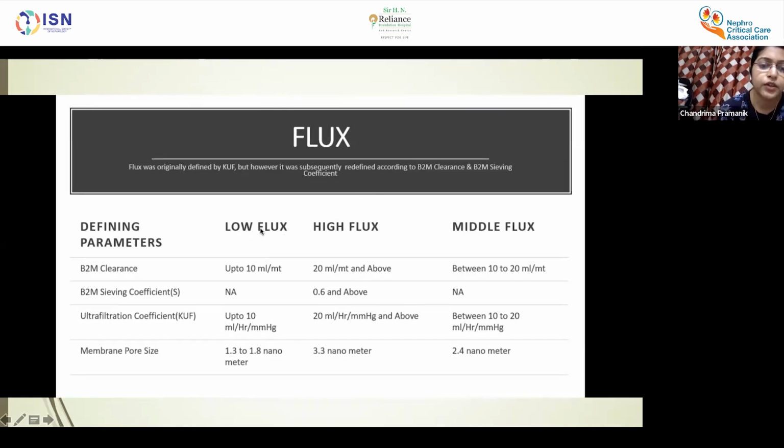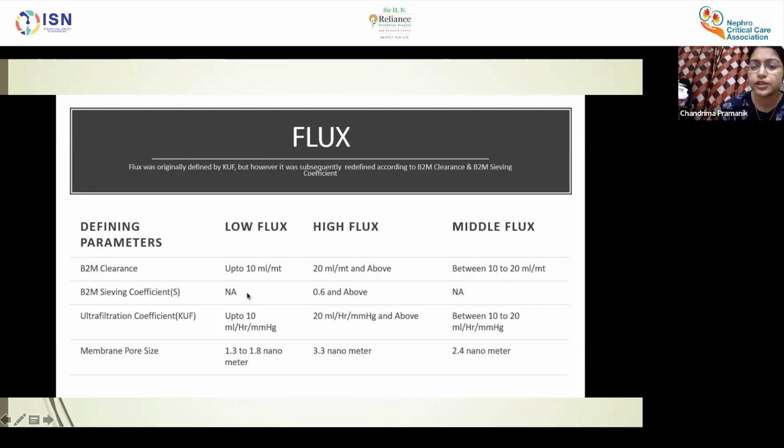So if we consider the low flux dialyzers, here the beta-2 microglobulin clearance is up to 10 milliliter per minute. Whereas high flux dialyzers have a beta-2 microglobulin clearance of more than 20 milliliter per minute. In case of high flux dialyzers, the beta-2 microglobulin sieving coefficient is 0.6 or above.